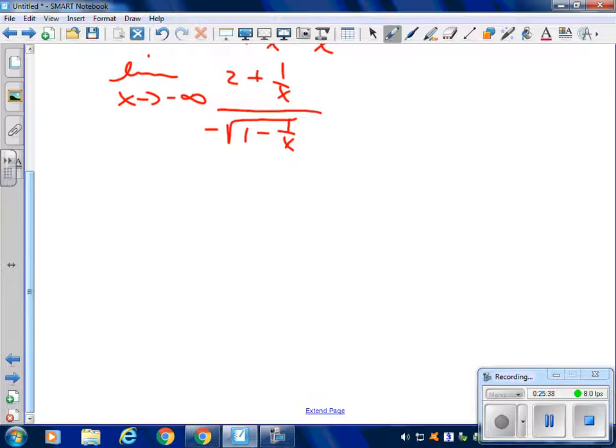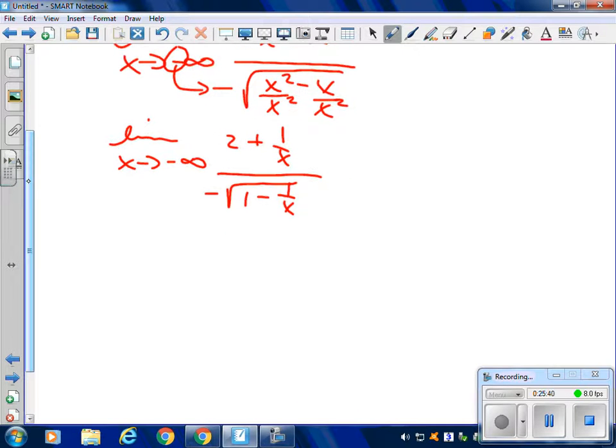I didn't mean to drop that negative, which is why this negative on the outside is so important, because when you put your limit, you have to be inside the radical. So the limit of x as it approaches negative infinity of 2 plus the limit of x as it approaches negative infinity of 1 over x.